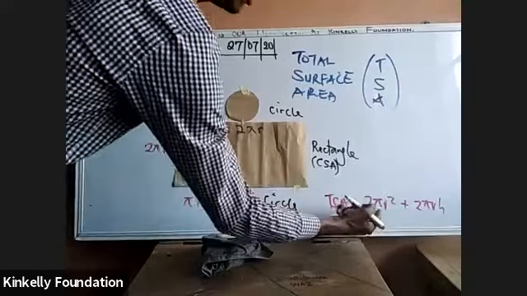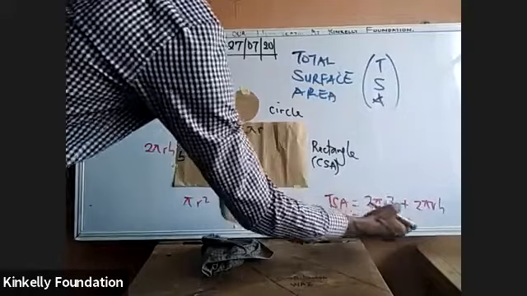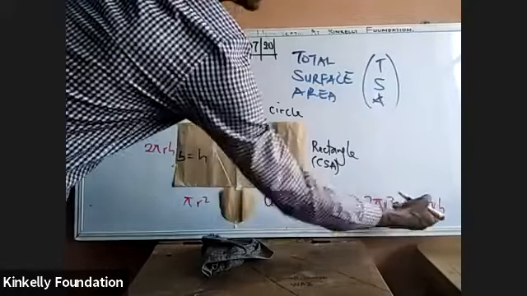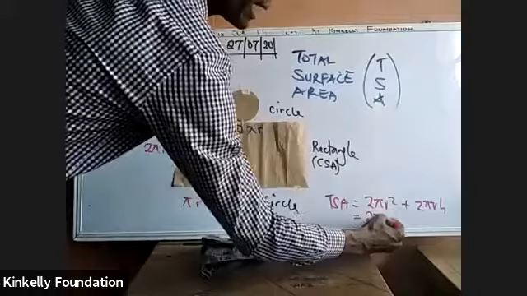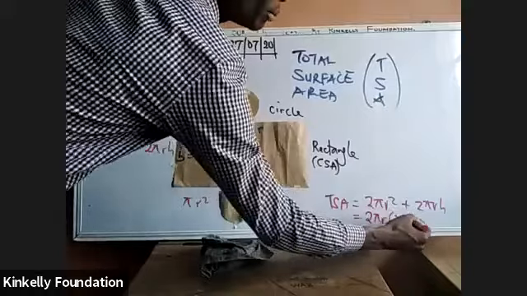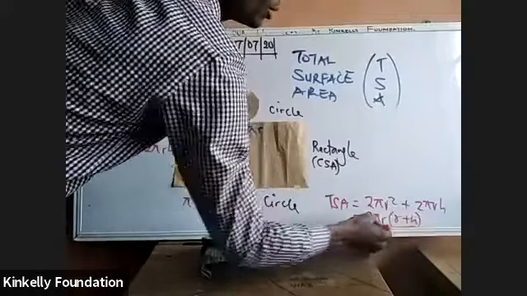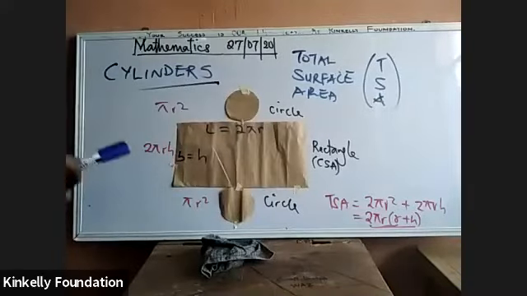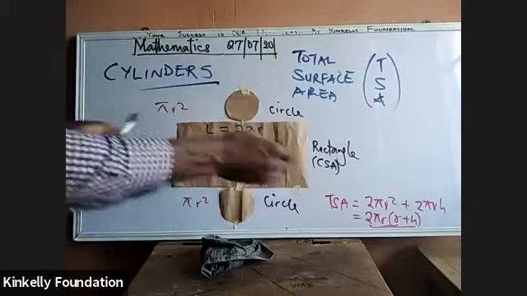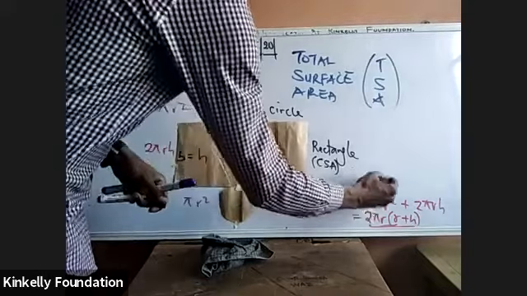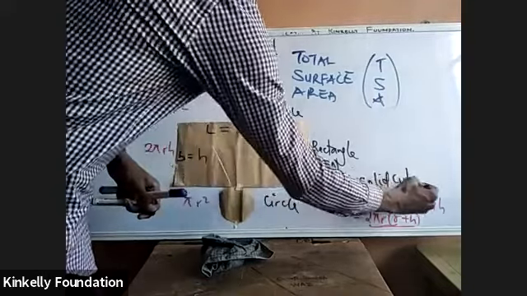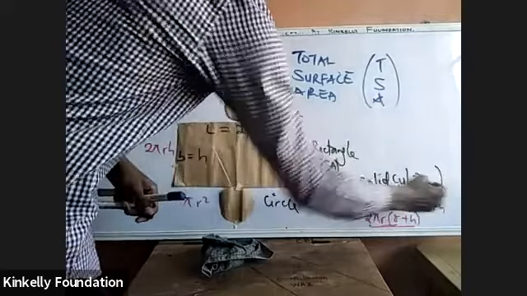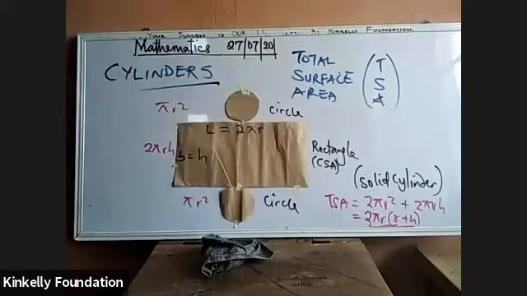You see, 2 pi r will remain, plus r plus h. So if you don't write this formula, you write that formula. They are the same. Now this is the TSA of a solid cylinder.